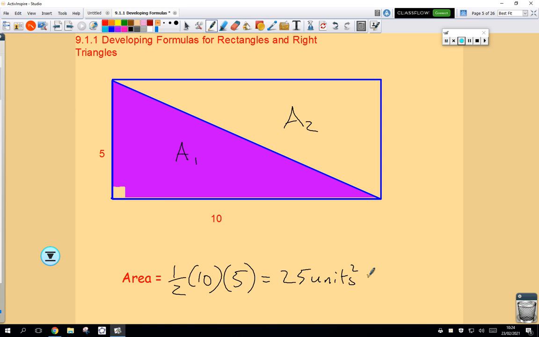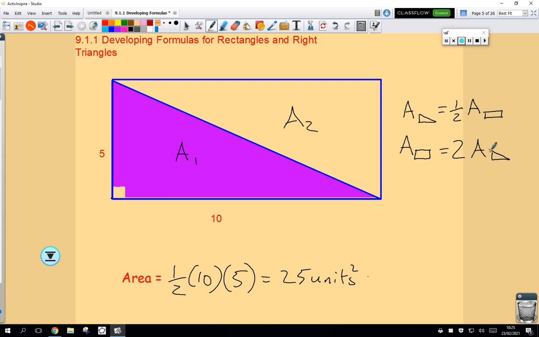So the area of the triangle, where it's a right triangle specifically, the area of a right triangle is always half the area of the corresponding rectangle. Another way to think about that is that the area of the rectangle is just double the area of the corresponding right triangle that has been cut out by drawing in a diagonal.